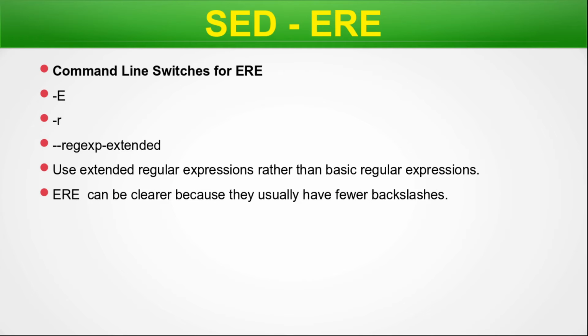ERE can be clearer because they usually have fewer backslashes. So guys, if you have come across Perl or Python or Java, you know that regular expression matching there is less complicated because we are using fewer backslashes, and we only use the backslash there when we try to convert a special character into a regular character.